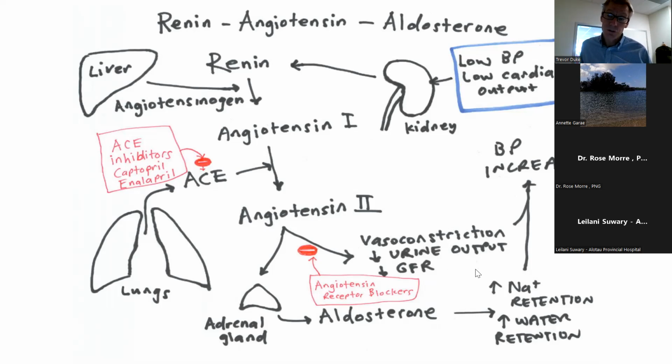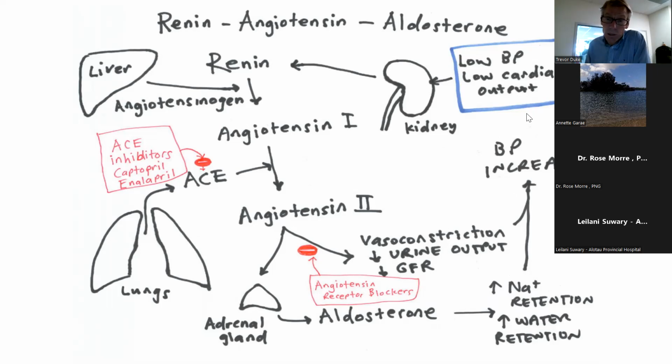So if you've got reduced urine output and reduced GFR, glomerular filtration rate, then there'll be increased retention of water, and therefore the blood pressure will go up. But it also leads to heart failure. So you've got a bit of low output, high levels of renin, high levels of angiotensin 2, more vasoconstriction, retention of water, retention of salt, and that causes edema and congestive heart failure.